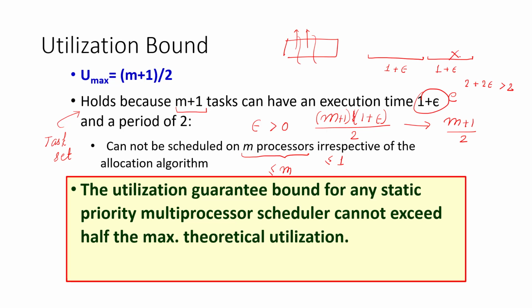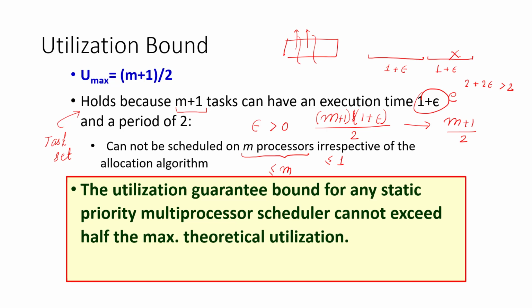And now if you decide to split the tasks, you can split and move any way you want. That is still not going to make the task set schedulable. Mind you, this is for a static priority multiprocessor scheduler, right? We are not looking at a dynamic priority scheduler over here. So whatever I said has to be seen in the light of the fact that we are looking at a static priority scheduler.